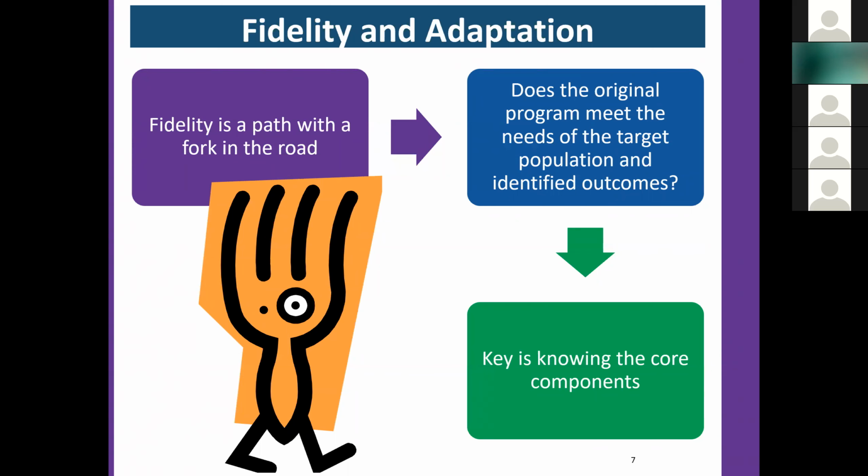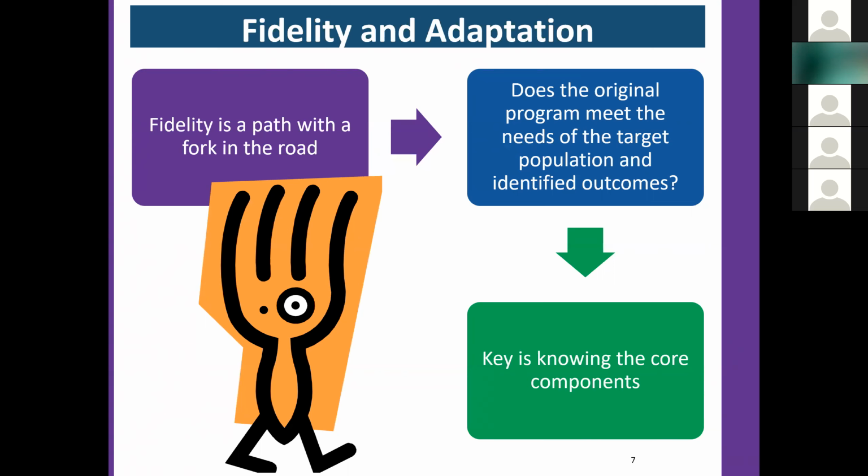And so really understanding where you can adapt, where you can maybe change things versus where you can't is really a key to knowing what the core components are. And I shared earlier that some evidence-based models will have their core components identified, but frankly some don't.